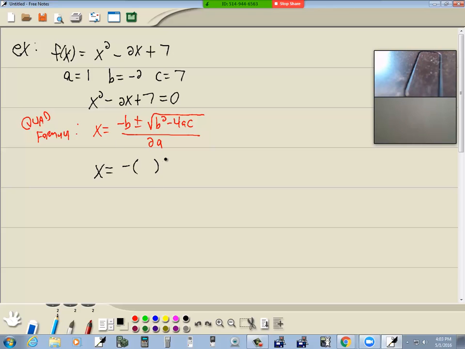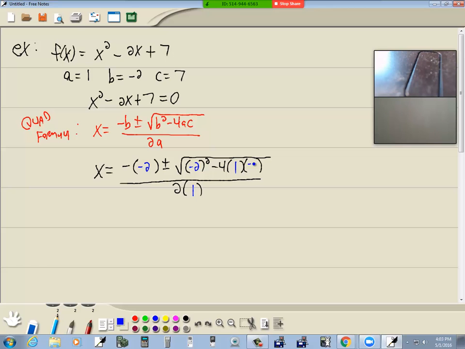Now, it's always a good idea to go through and replace all of your variables with parentheses before you plug in your numbers. That helps reduce sign errors. Well, b we said was negative 2, so everywhere I had a b, I'll put in a negative 2. A we said was 1, so everywhere I had an a, I'll put in a 1.